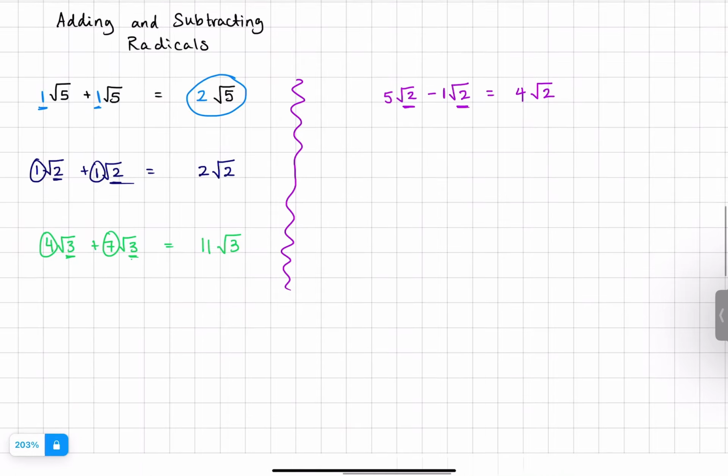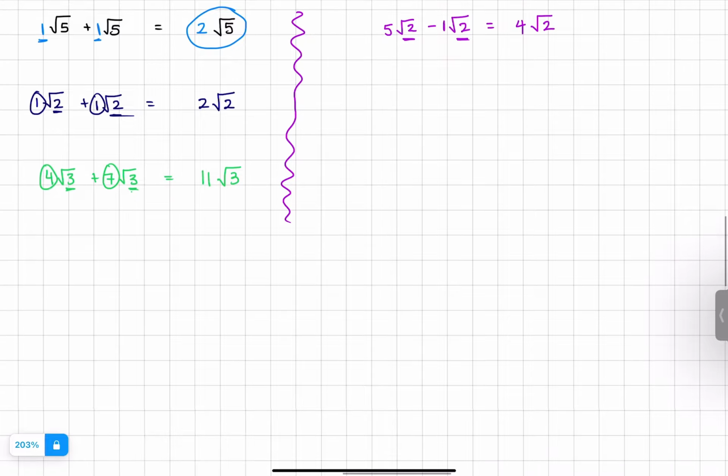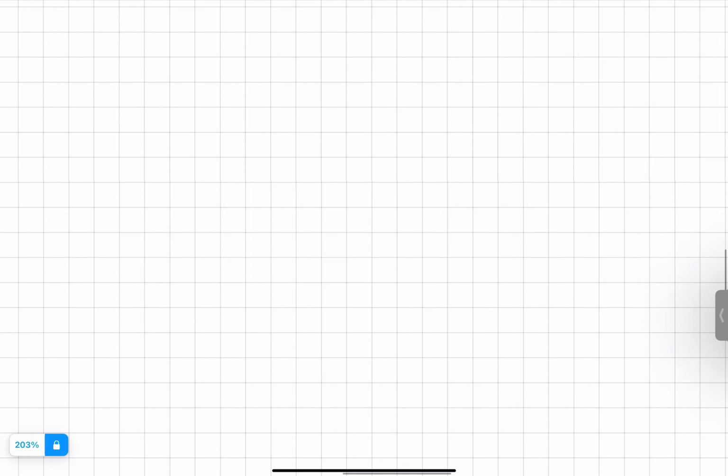So going on to some further examples, since we know the gist of adding and subtracting, let's go on to some harder questions. So let's see. Okay, so root 20 plus root 5.